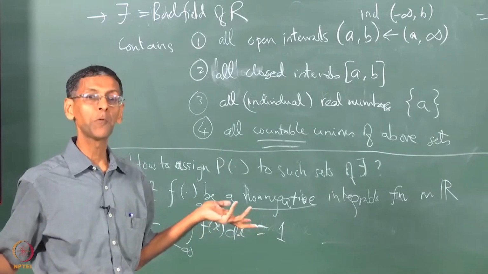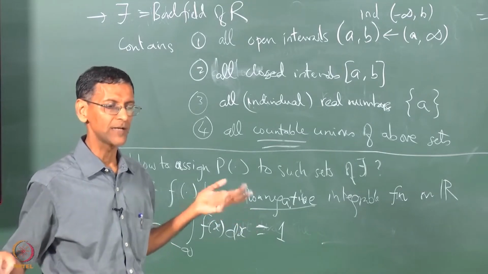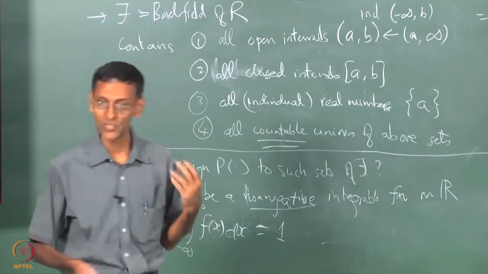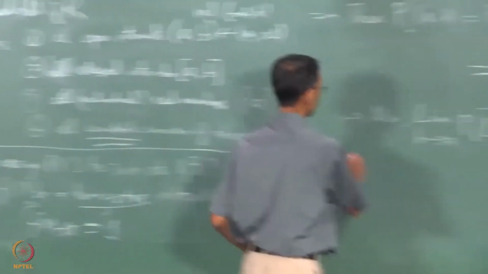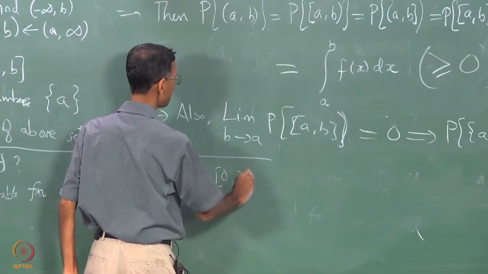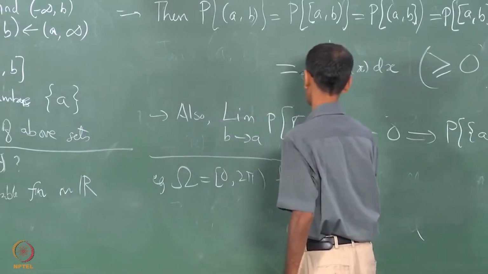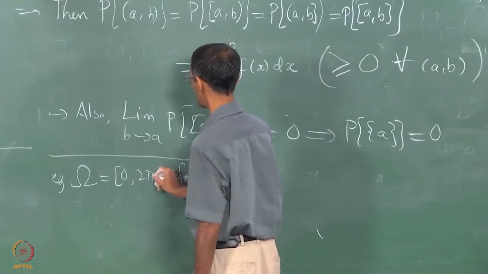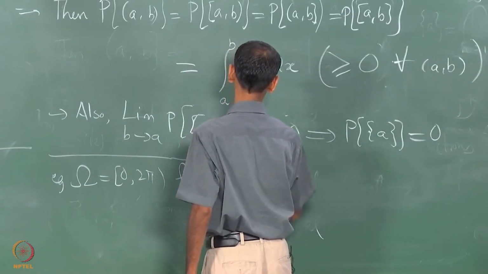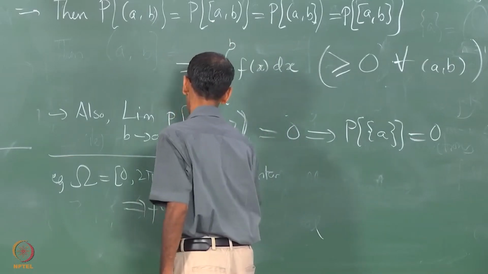If you have a spinning pointer which can come to rest at any point on the circle, you might want to assign what is called a uniform probability measure in a continuous sense, not a discrete sense. If I take 0 to 2 pi in radians, omega for a spinning pointer, and note that I am leaving out 2 pi, then I will say f of x is 1 by 2 pi.